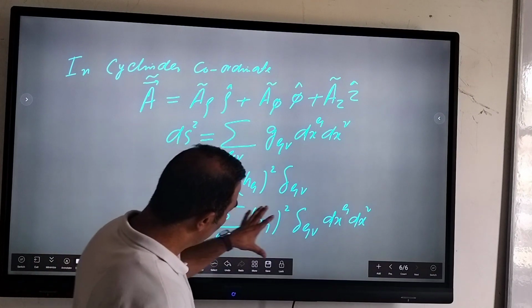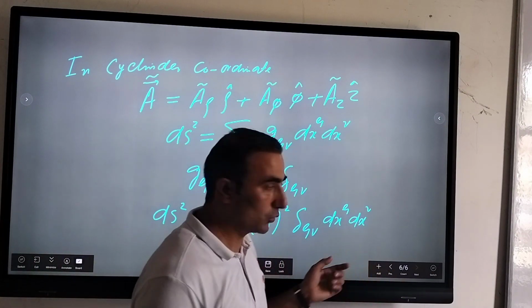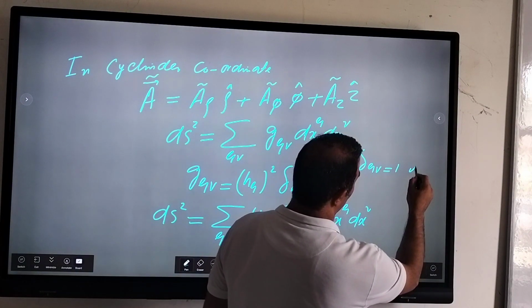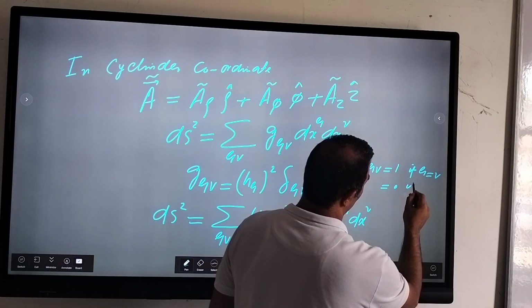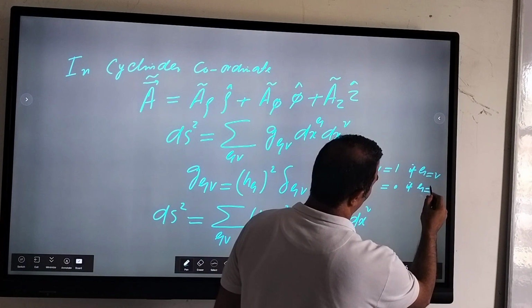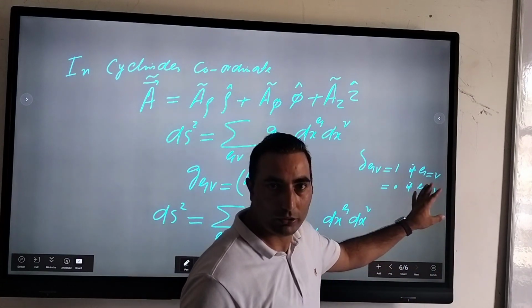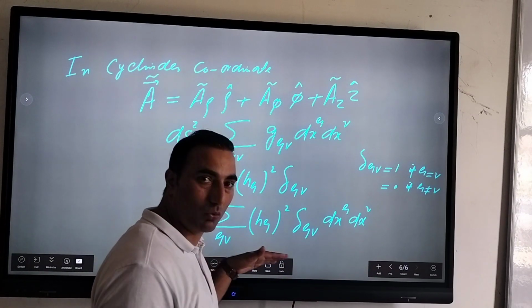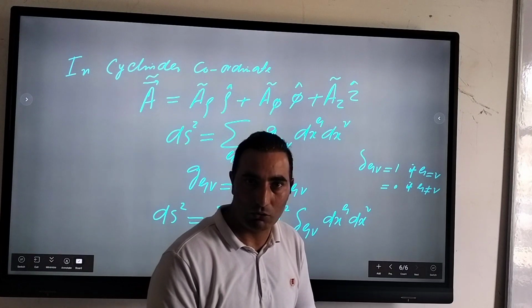Now here, because this is our Kronecker delta, if you put mu equal to mu, delta mu mu equals 1, and otherwise it is 0. So we will use the first property here. When you put mu equal to mu, the summation goes over mu, mu. So either of them we can use.